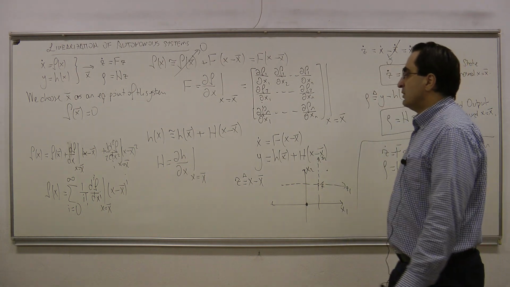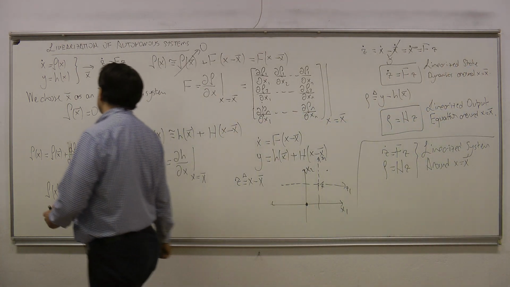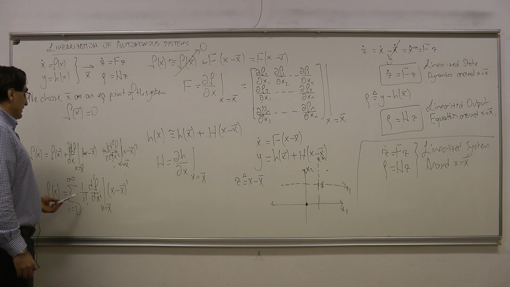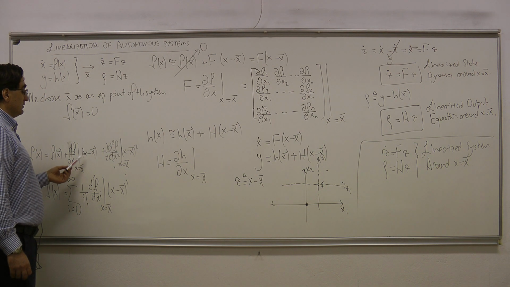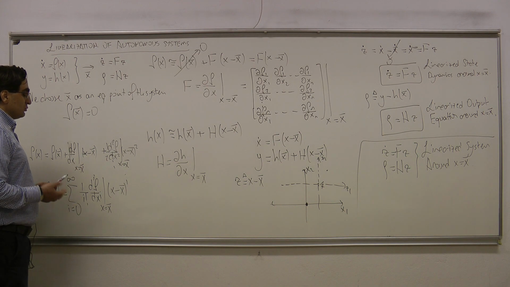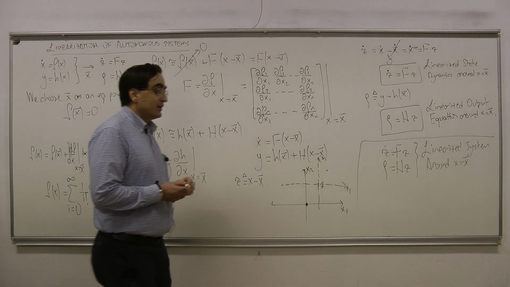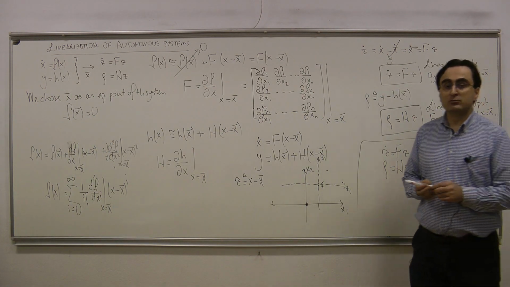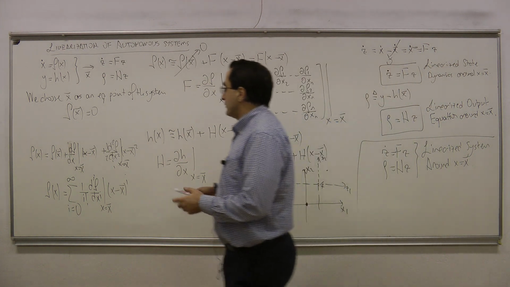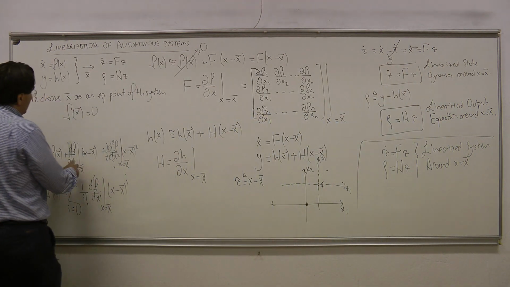So in general, our first order approximations would be valid if x is close to x bar, so that x minus x bar is small. Why do I say that? Why do I say that when x minus x bar is small, our approximation would be accurate? This is because of the following fact.